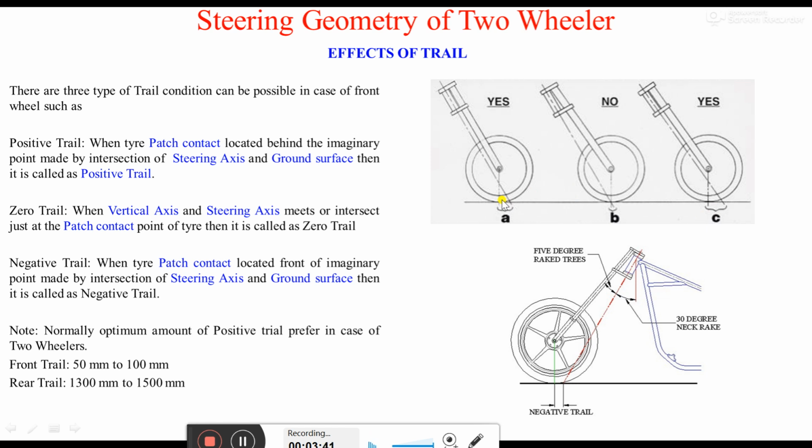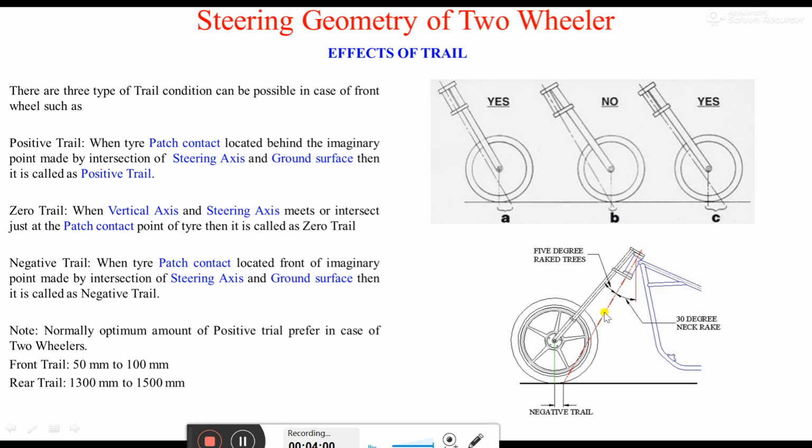Now what is a negative trail? When the ground trail lies behind the intersection point of the vertical axis with the ground surface. Now this is a ground trail. What is the definition of ground trail? It is the distance measured between the intersection point of the steering axis and the vertical axis with the ground surface.